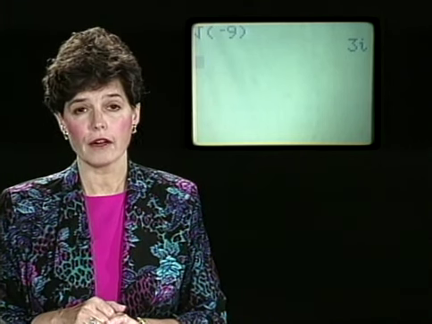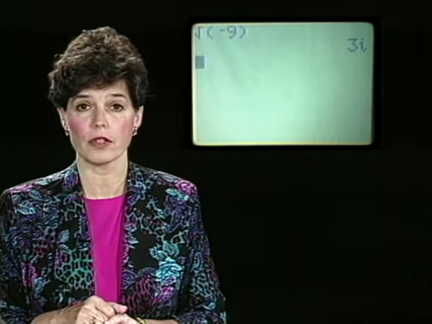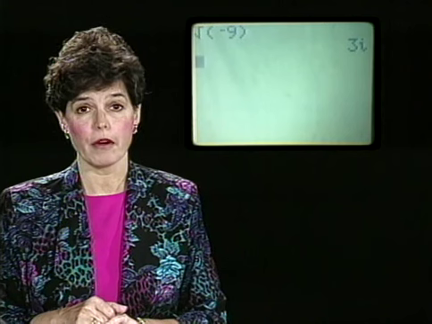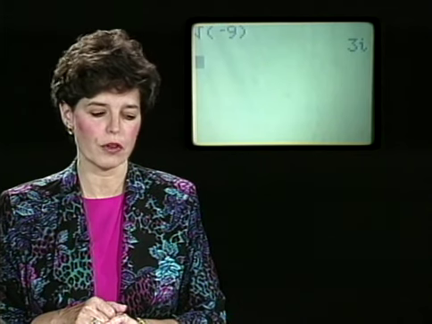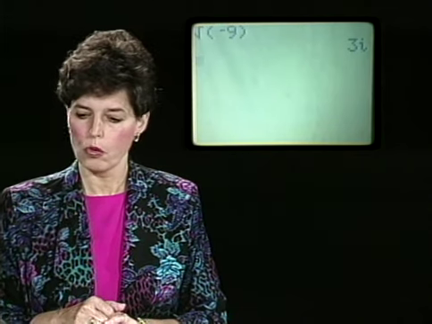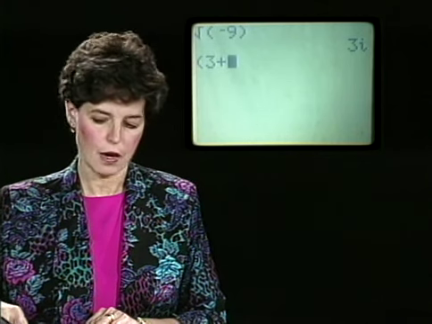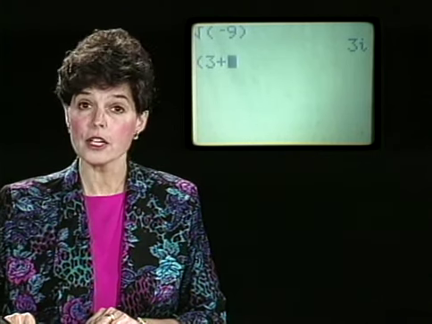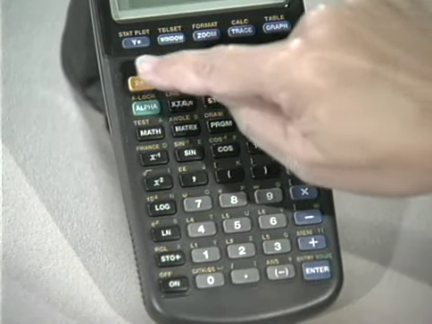So now we can find the square root of a negative number because we are in the complex mode of the calculator. And as a matter of fact, since this calculator is able to deal with complex numbers, let's ask it to do a problem involving those complex numbers. We're going to do 3 plus i, and the i is located down here right above the decimal point in yellow, so I'm going to have to use second.